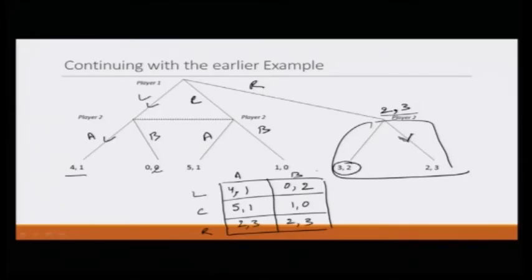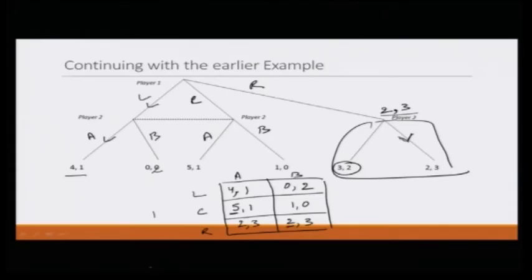Notice we got rid of this one, and then we solve. How do we solve? Just for revision, we try to obtain the Nash equilibrium. If player 1 believes that player 2 is going to play A, the best response of player 1 is to play C. If player 1 thinks that player 2 is going to play B, the best response is R.